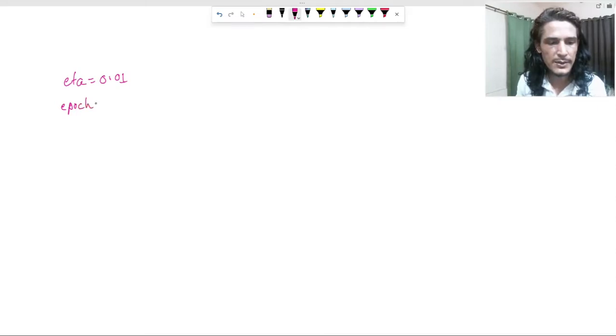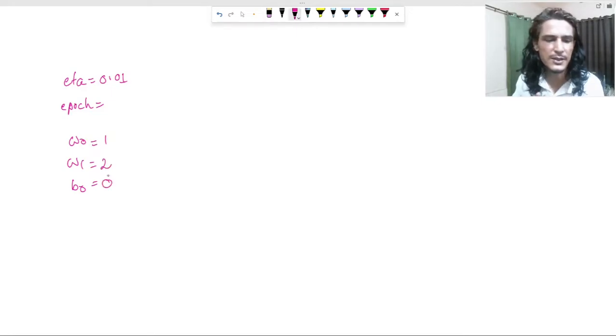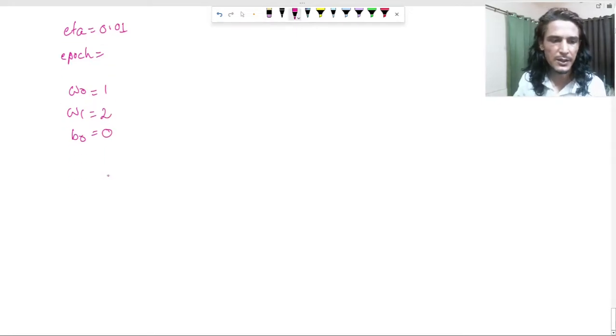Why we need this epoch, I'll tell you in a moment. These are two hyperparameters, and also we need some random values for W0, W1, and this b0. Say, for example, 1, this is 2, and this is 0. Biases are usually set to 0 at the beginning.